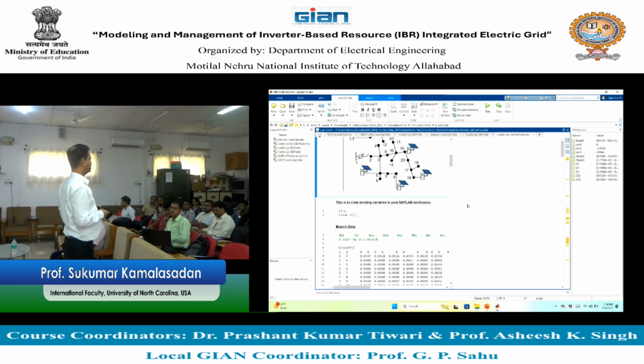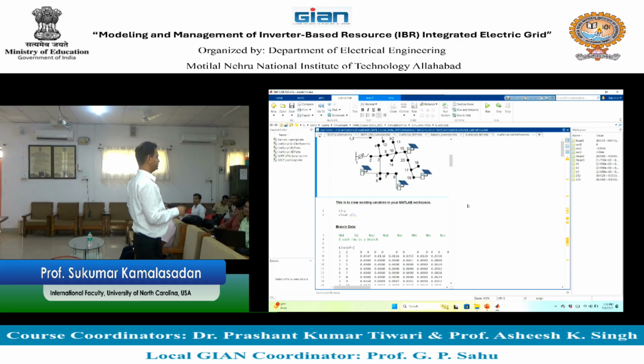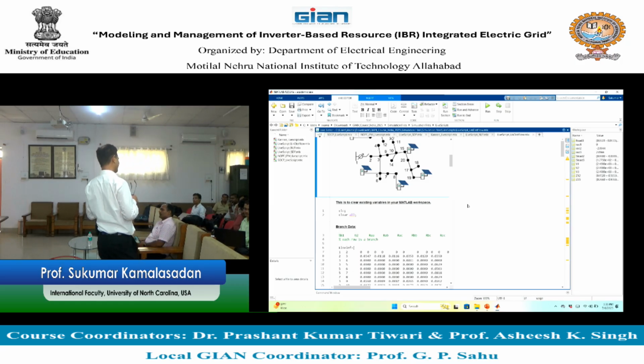Another part is to solve the power flow for a transmission system using Newton-Raphson. I gave you an example for a 3-bus system. Then the third part is to solve the power flow for the transmission and distribution system combined, what we call co-simulation for integrated transmission distribution. Ideally you should do those three assignments, so you get a good grip of what you should work on.